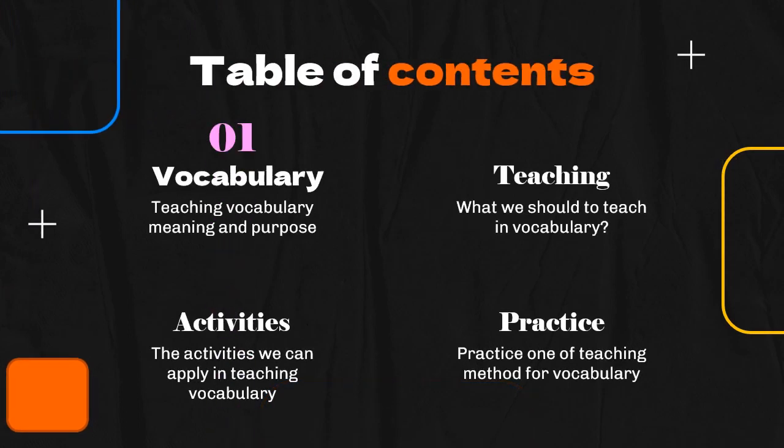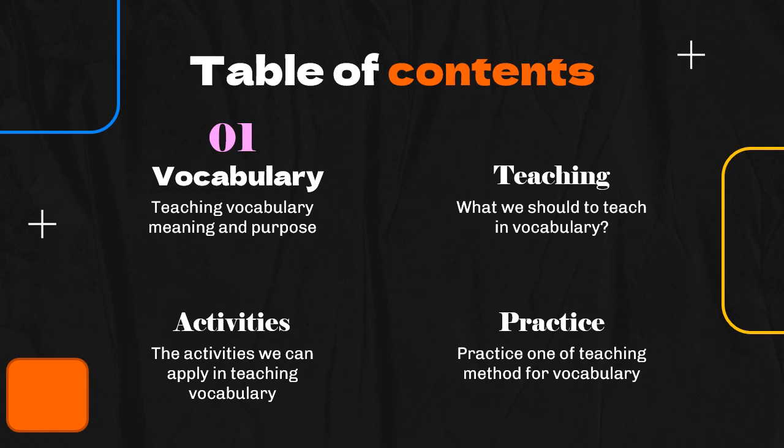Okay, we continue with the table of contents of this video. The first is vocabulary. We're talking about teaching vocabulary, its meaning and purpose. The second is teaching, what we should teach in vocabulary. The third, activities.